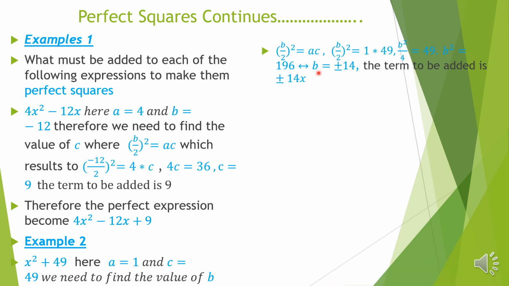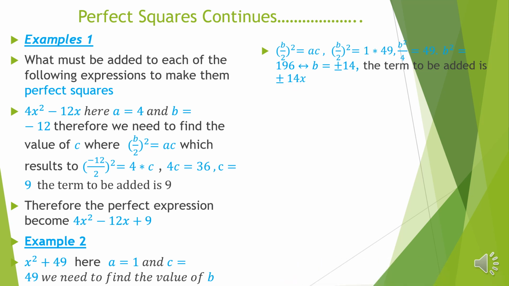Now to get B, we take the square root of both sides, and therefore the square root of B squared is B, and the square root of 196 is positive or negative 14, that is plus or minus 14. And therefore, the term to be added is plus or minus 14x.